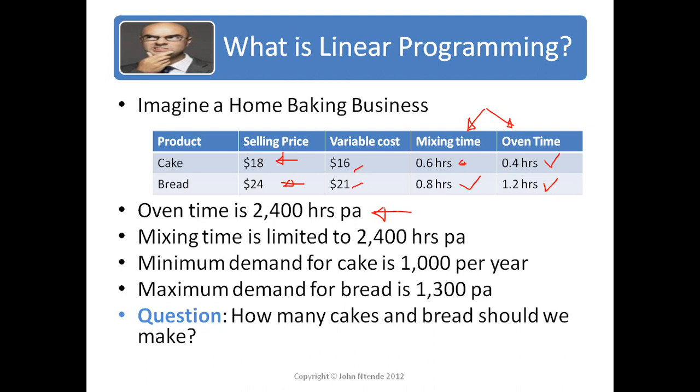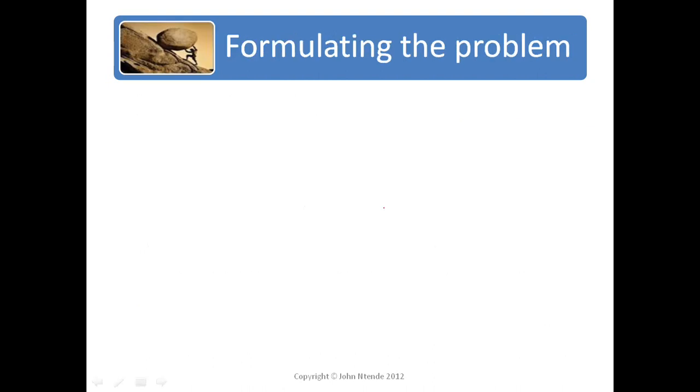So let's see how we can use linear programming, which is a technique to help us obtain the optimal production mix to achieve a certain objective. The objective in this case is trying to maximize the profit. So let's see what exactly we would do to solve this problem.